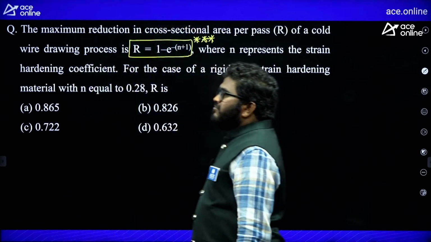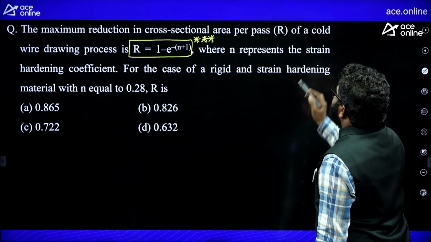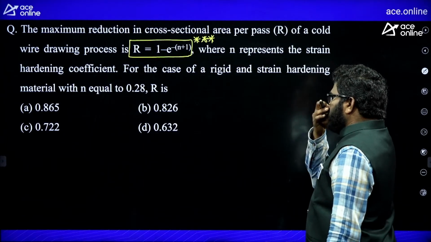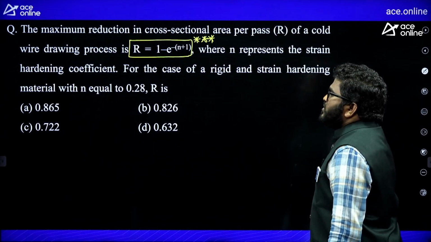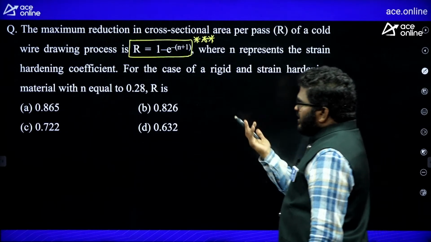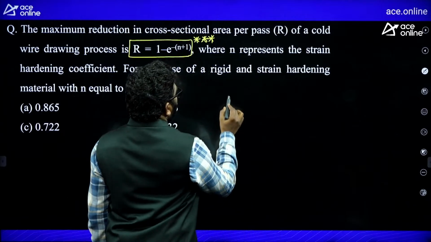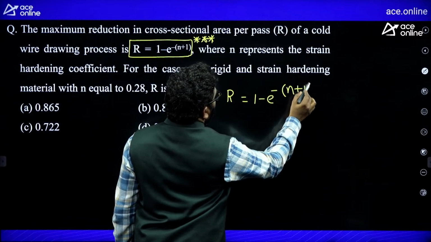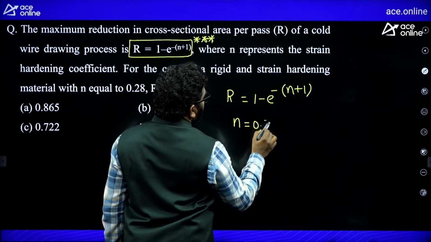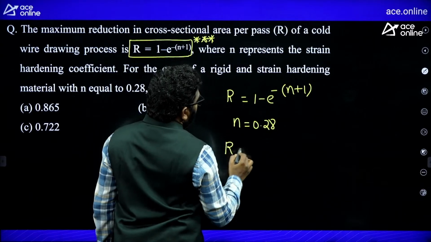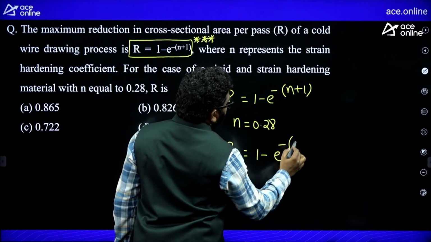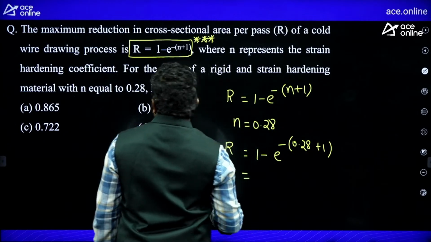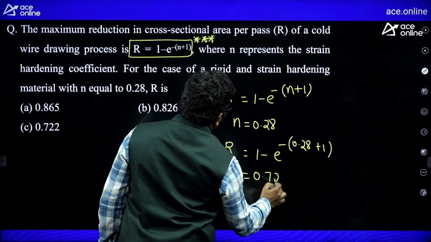Now, where n represents the strain hardening coefficient, for a case of a strain hardened material with n equal to 0.28. Simple question here. N value is also given. If I substitute n equal to 0.28, R is equal to 1 minus e power minus (0.28 plus 1). Simple. You will get 0.722.